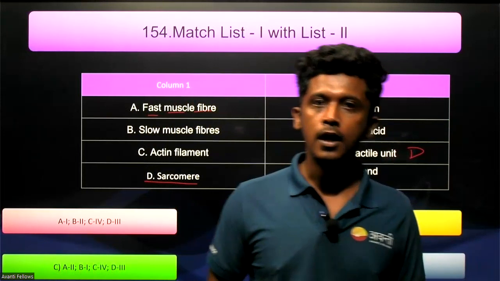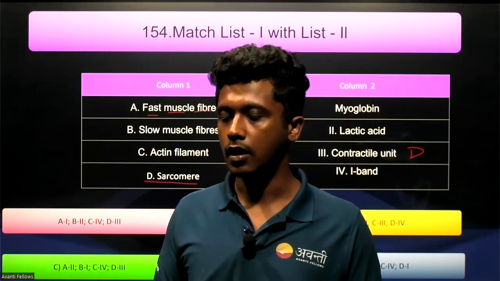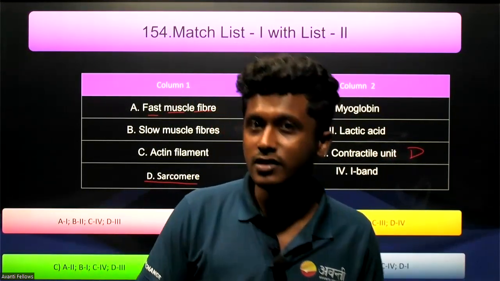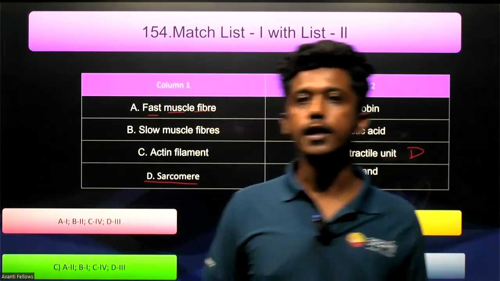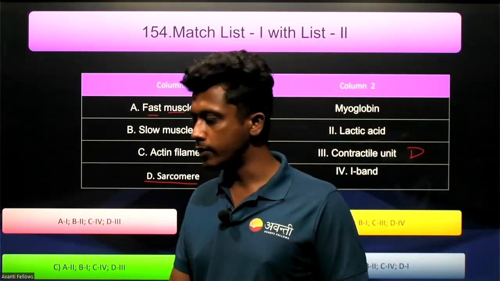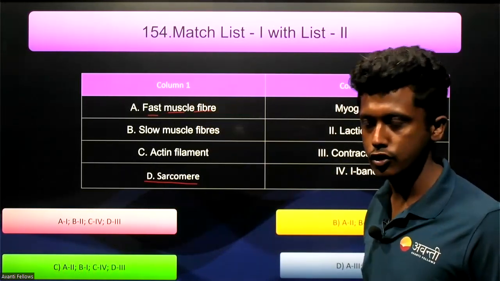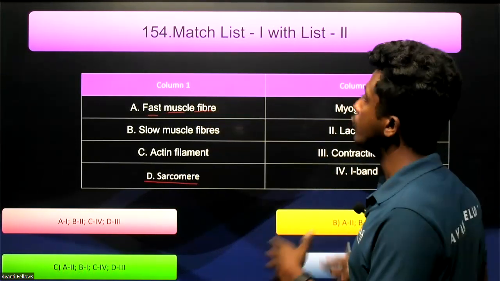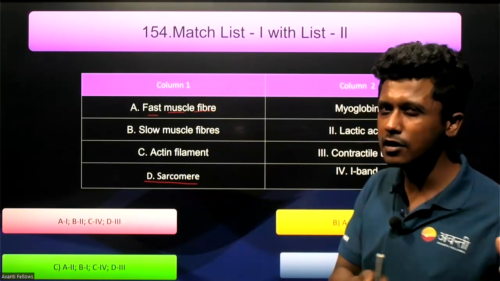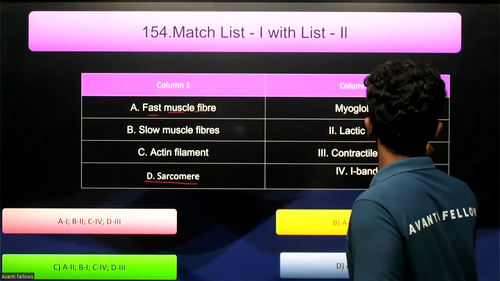That results in consumption of all the oxygen in the tissues, and eventually it enters into anaerobic respiration where lactic acid accumulation will take place in the fast muscle fibers. That leads to the cramping. Usually it happens in the fast muscle fibers, especially the skeletal muscles. So I'll write it as A.